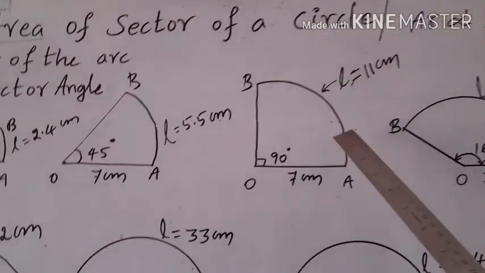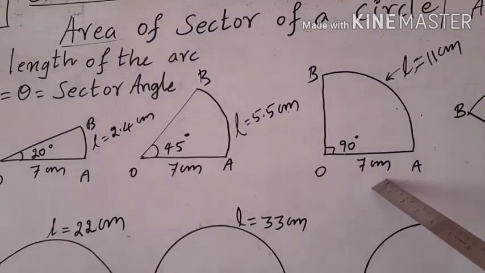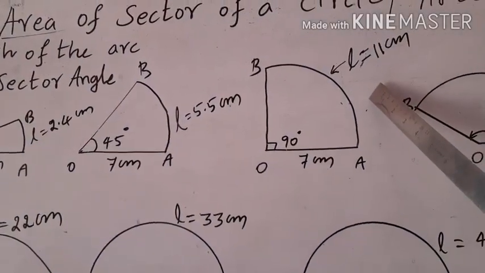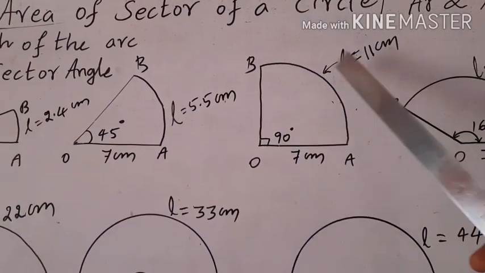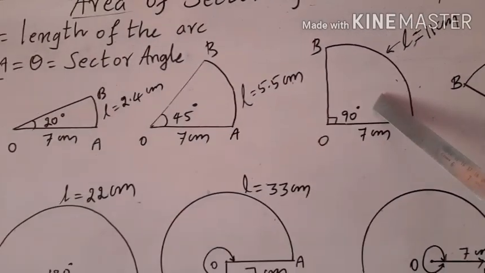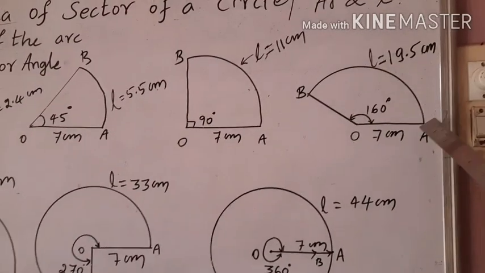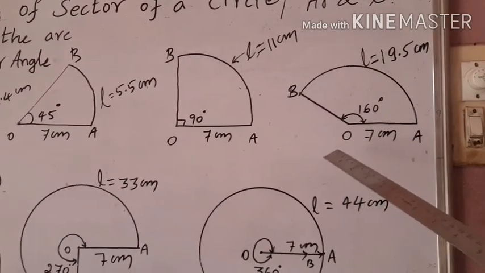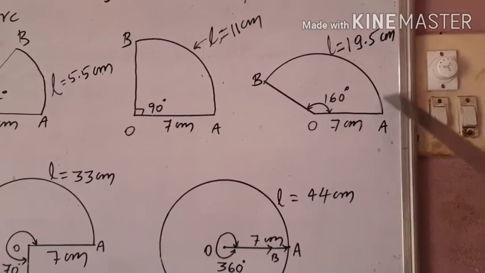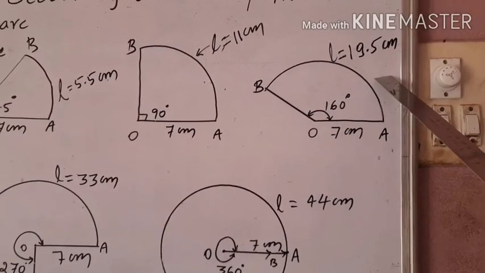Now let us take this sector. Here all the three sectors have the same radius, equal to 7 centimeter, and here the length of the arc is 11 centimeter. That is why the area of this sector is more than the previous two sectors. Let us take the fourth sector. Its radius is also 7 centimeter, but the length of the corresponding arc is 19.5 centimeter.